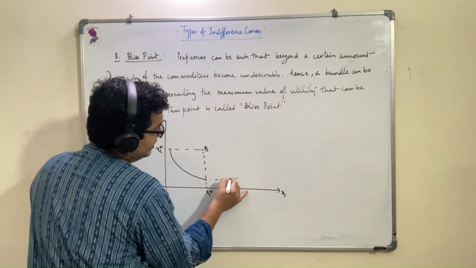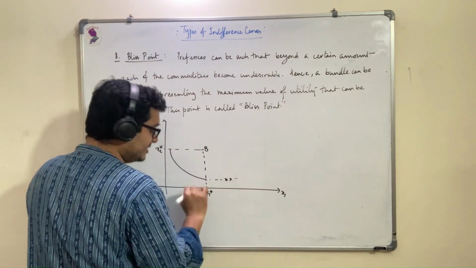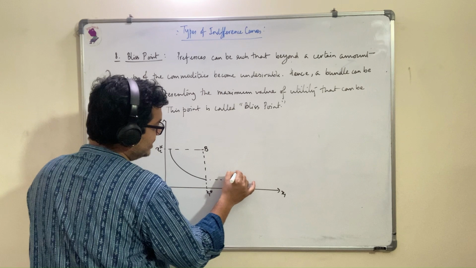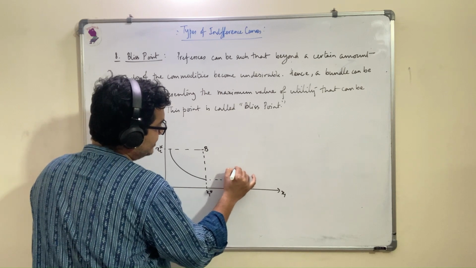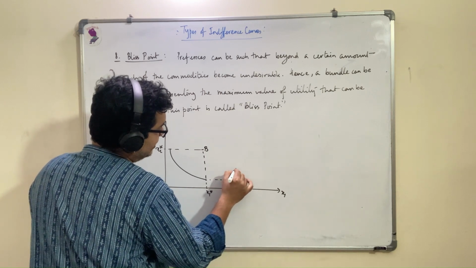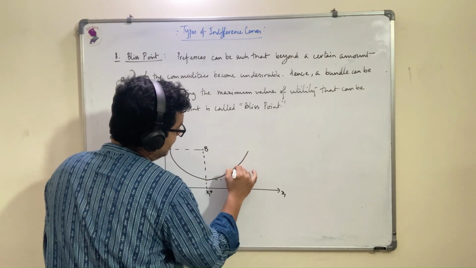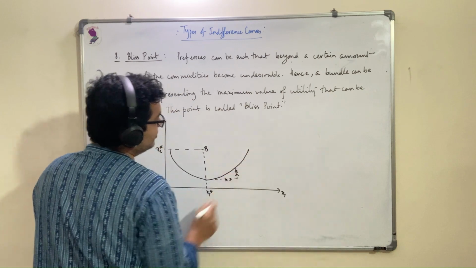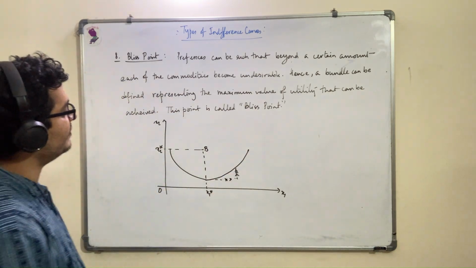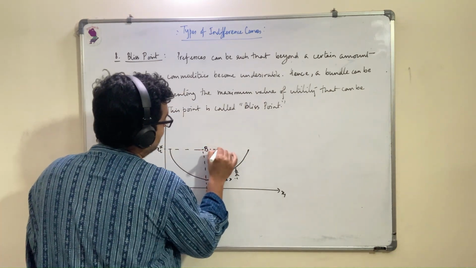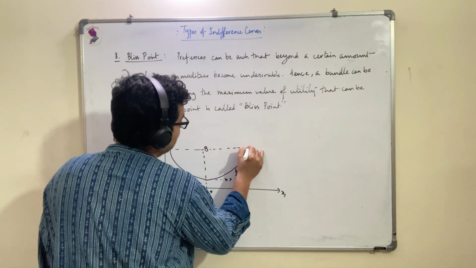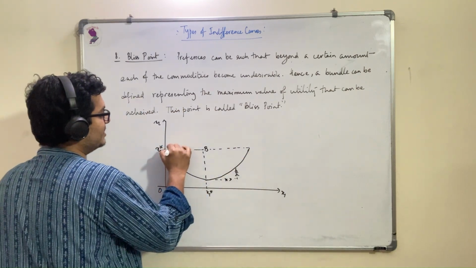So I go in this direction, utility decreases. Then to balance it, I go in this direction to achieve the same utility. Alright? So that is how the IC at this part looks like this, which is convex upward. Alright. So the same scenario is seen here also.